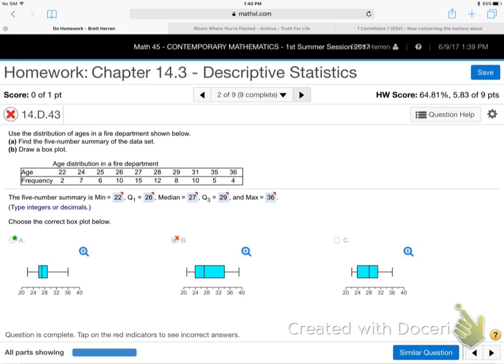Do you understand what the age frequency chart means, first off? This is talking about the fire department and how old the people at the fire department are. There are 2 people. Frequency is how many, right? 2 people 22 years old. 7 people that are 24 years old. 6 people are 25, 10 are 26, etc. Looks like I'm a little too old for the fire department.